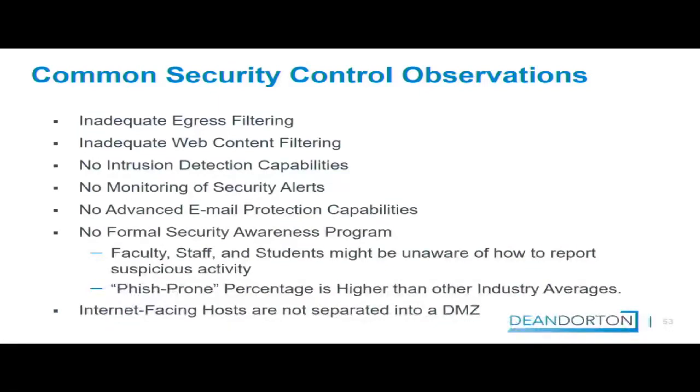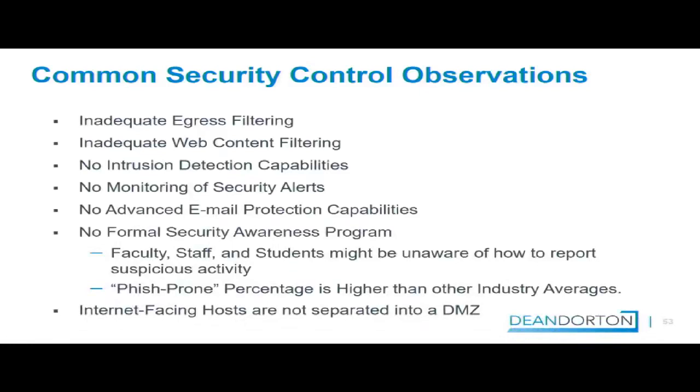You really should only be allowing traffic that's necessary for business purposes outbound, or at the very least, there are 2 different approaches. Whitelisting is only allowing outbound what's necessary for business purposes, and then blacklisting is blocking what you know to be bad.